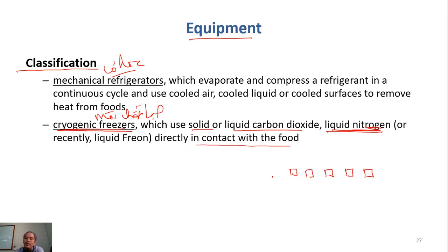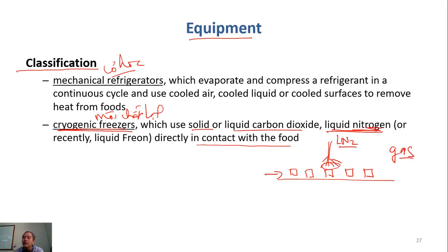Like this, the food is transported and then here you spray liquid nitrogen onto the food. This is liquid nitrogen. You spray it onto the food. What happens with liquid nitrogen here? In the air, what is the state of nitrogen? Normally in the air we breathe, nitrogen is in gas state.